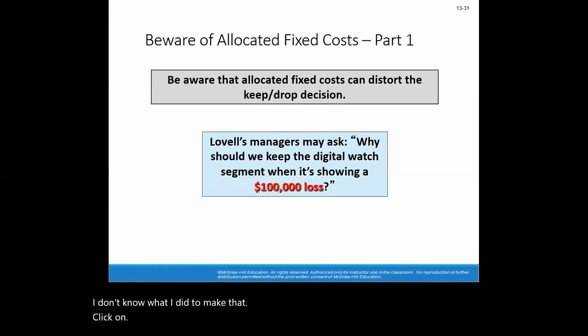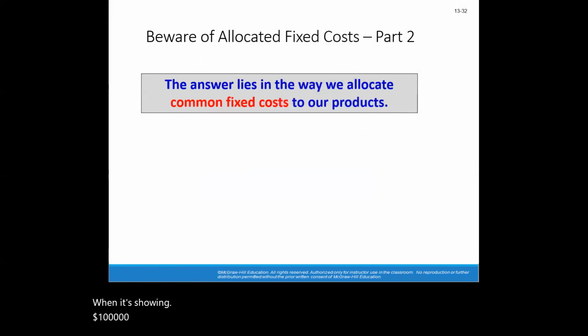Now, be aware that allocated fixed costs can distort the whole decision making. Lovell's manager may ask, why should we keep the digital watch segment when it's showing a $100,000 loss?